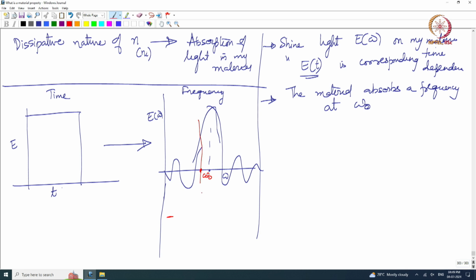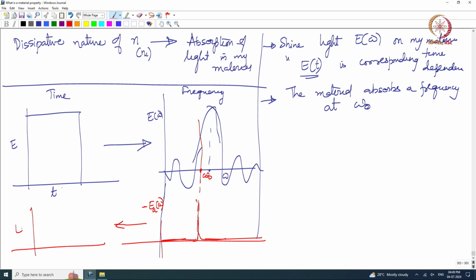So in the frequency domain I am going to subtract from this a signal, this is the absorbed signal, right. That is only at this frequency, it is sort of a delta function there, right. So I am going to subtract this. Now what is this signal in the time domain? The signal in the time domain, E absorbed, which I have to subtract, is just a sinusoidal function, right.